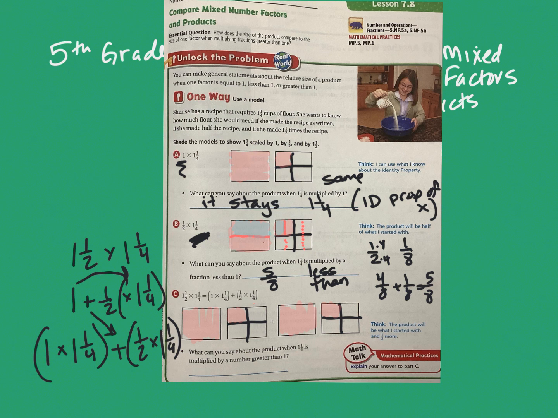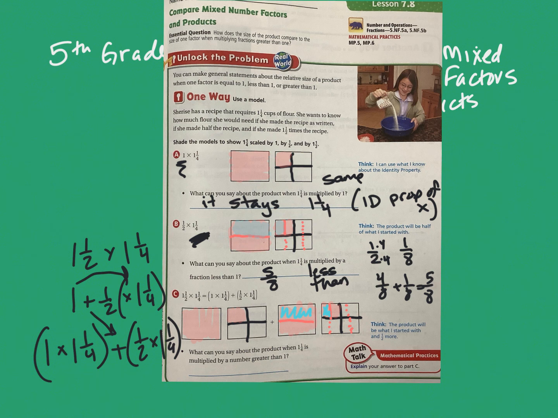Then I have 1/2 of 1 1/4. So this is what we did right here, right? Where we ended up cutting it half here and half here. And we ended up with half, and that 1/8 there put together gave us 5/8.